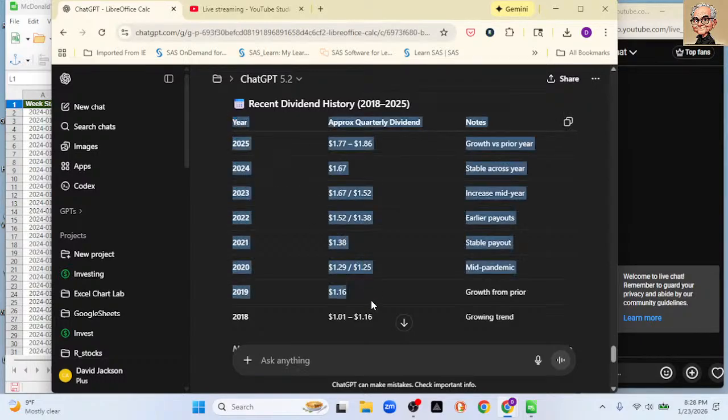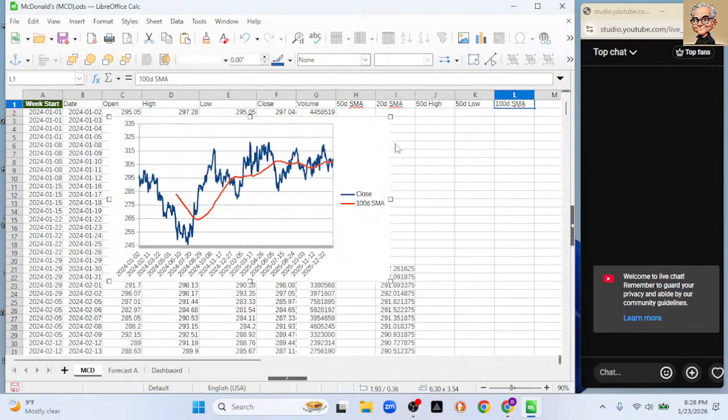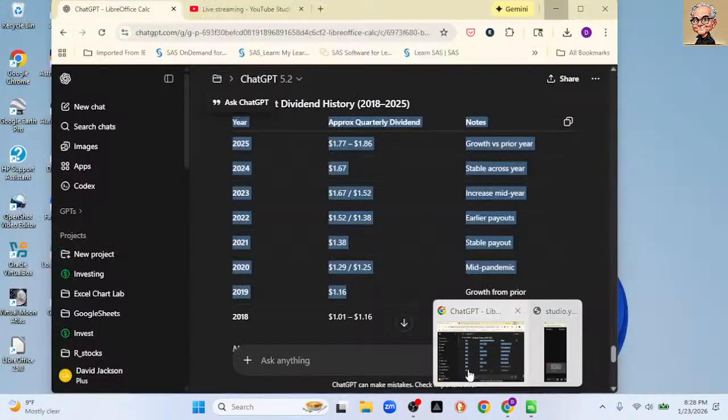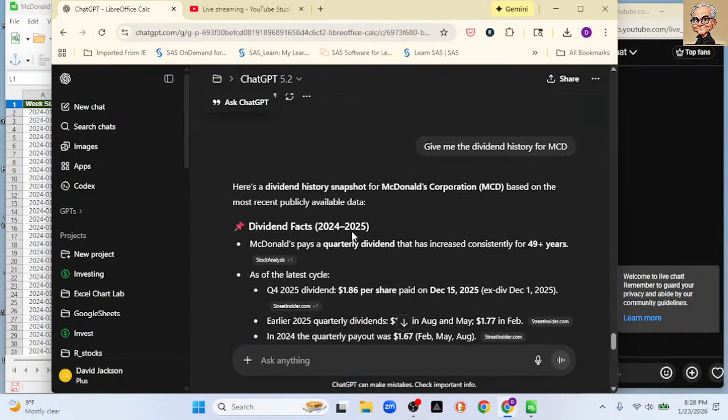I wonder if we can copy this. Copy table. Wow. McDonald's pays quarterly dividends that have increased consistently for 49 years.